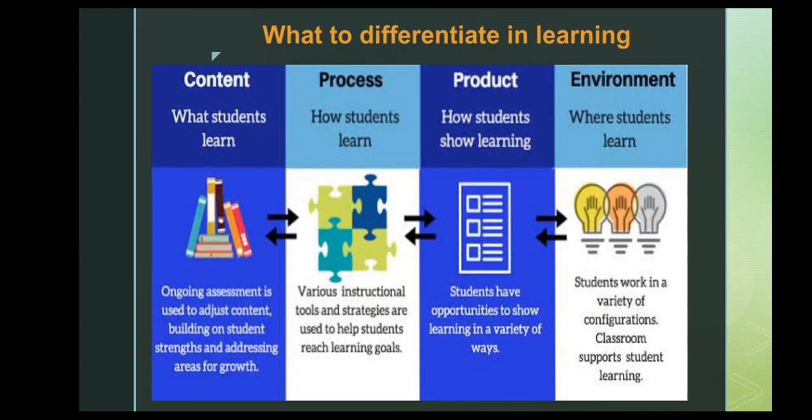Okay, here we are. What do we need to differentiate? We need to differentiate our content. Design your activities for groups of students that cover various levels. The fundamental lesson content that the school has covers the learning area of every child.